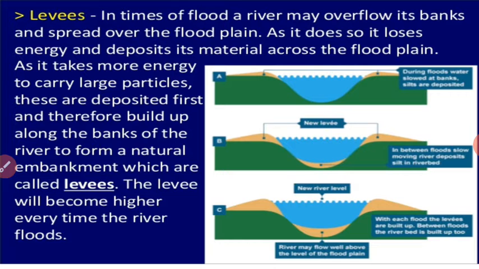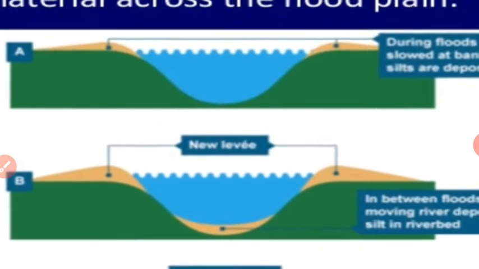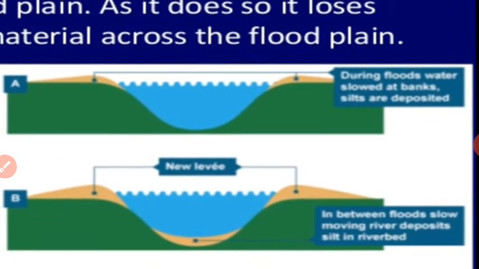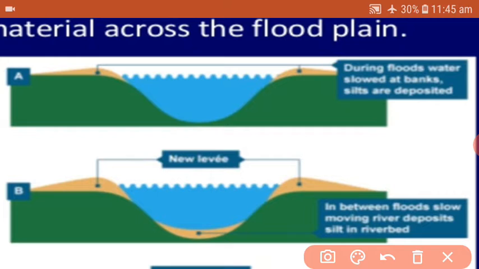Levees is the next part which you need to learn, and you need to understand very clearly what happens exactly in this scenario. You will find figures A, B and C in this particular picture. During the floods, water slows at the banks and silts are deposited. So in the first figure you can find that during the flood, the water first slows at the banks.